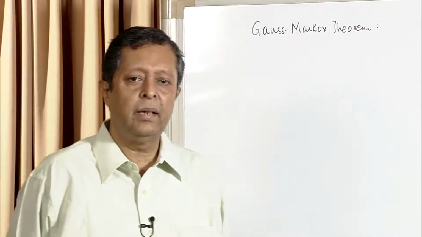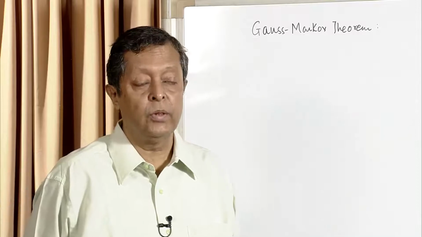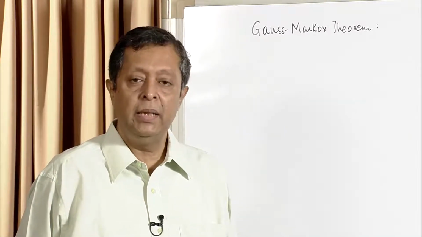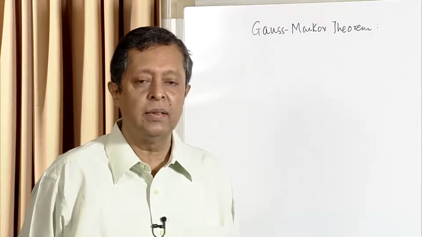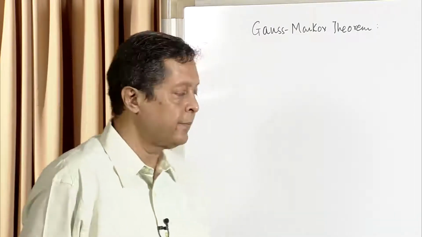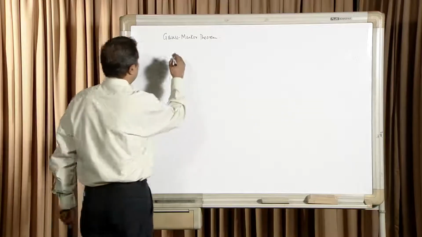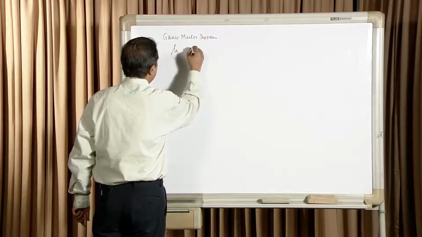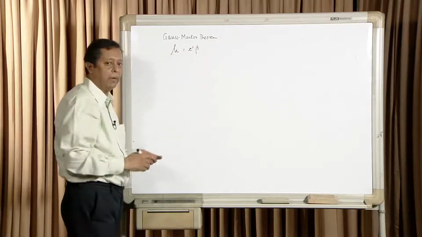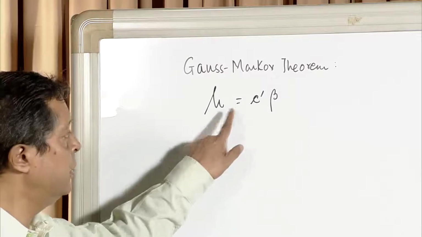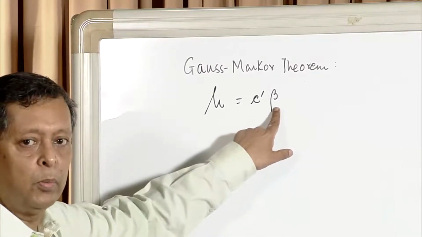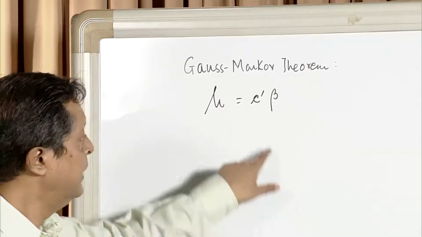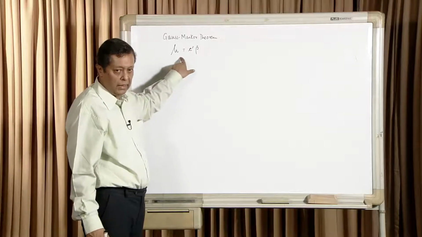Viewers, now we will take a look at the Gauss-Markov theorem, which will prove that the ordinary least squares estimates have minimum variance among all other linear unbiased estimates. So, let us consider μ as a linear combination of the population parameters. Mu is a scalar which is a linear combination of the population parameters, because this β is k cross 1 and c is a 1 cross k row vector.